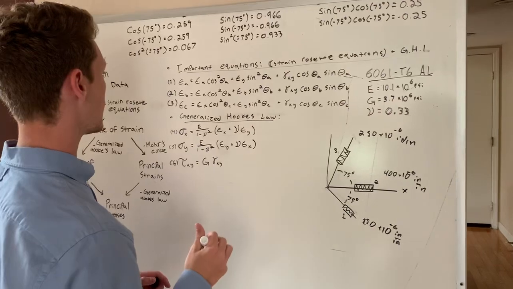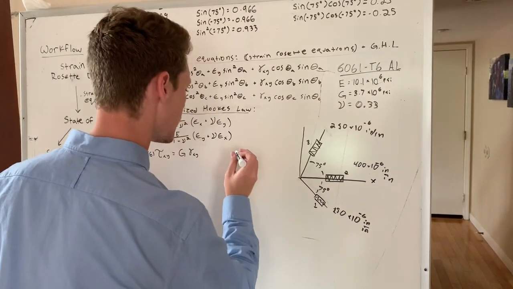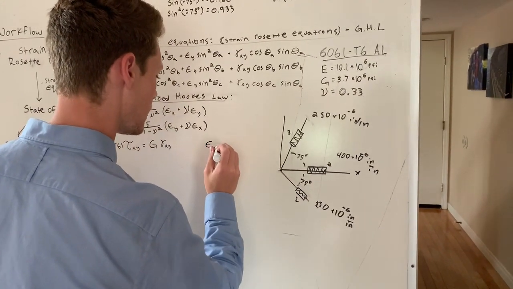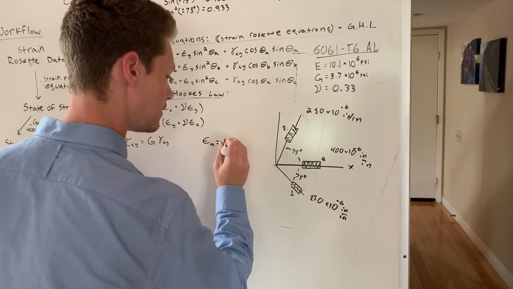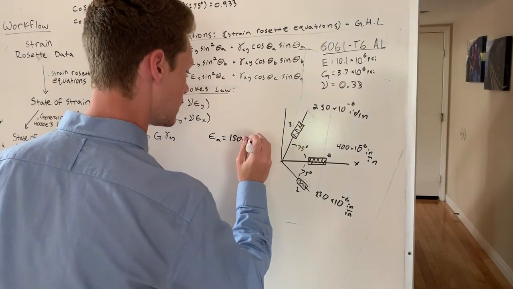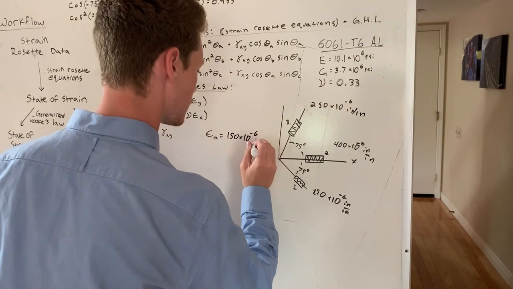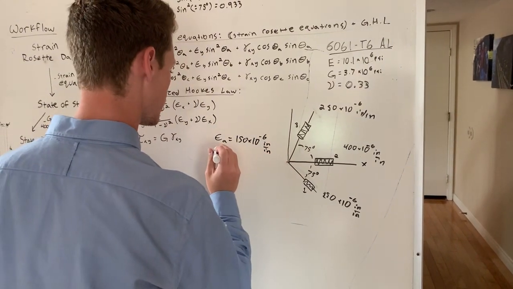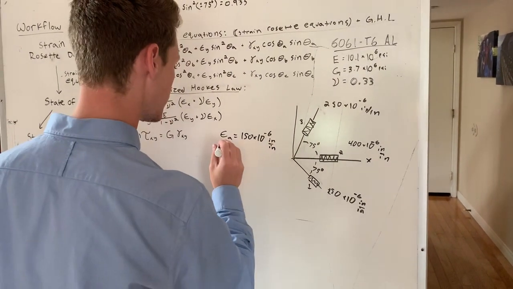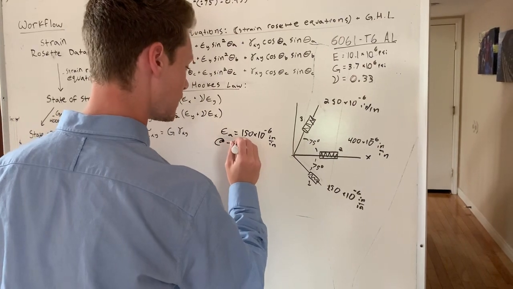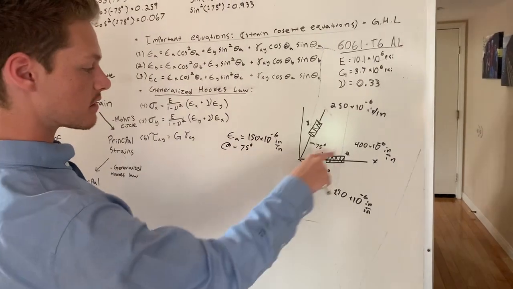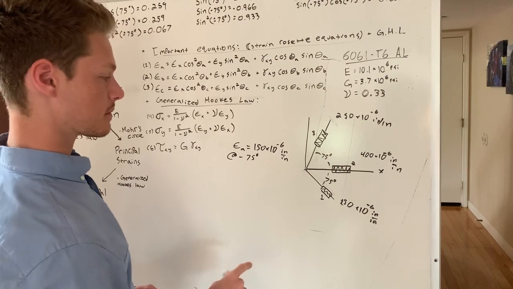All right. From here, we get to say strain A is equal to 150 times 10 to the negative 6 inches per inch, and it's going to be at a negative 75-degree angle. It's negative because we're looking downwards.